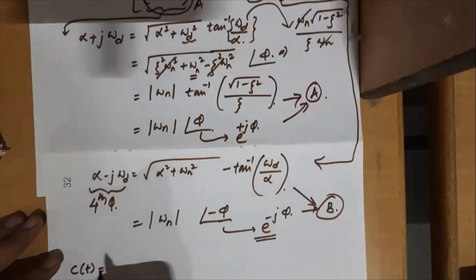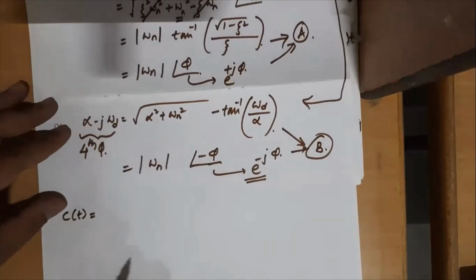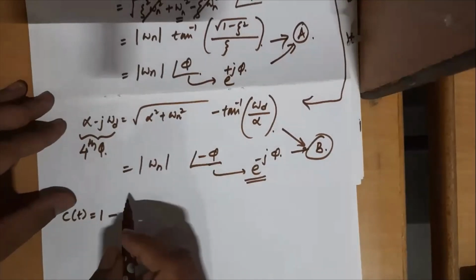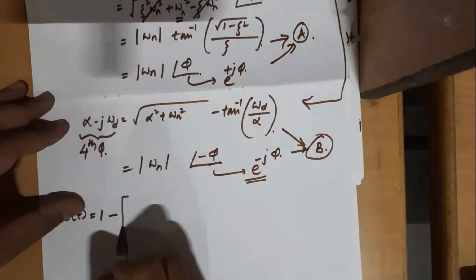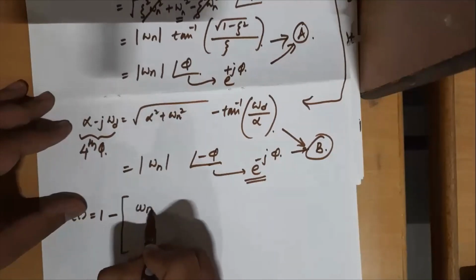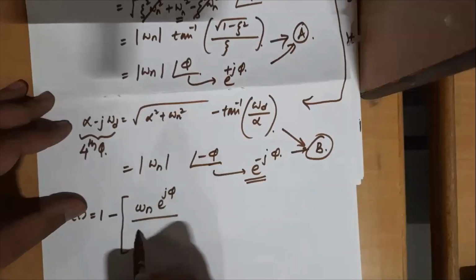I hope there is no doubt regarding this. So let us proceed with the previous equation and replace a and b terms. So a is omega n e raised to plus j phi divided by 2j omega d as it is.